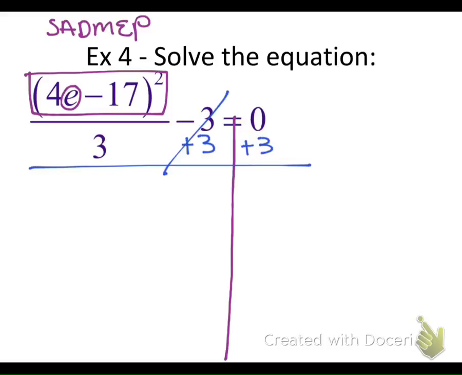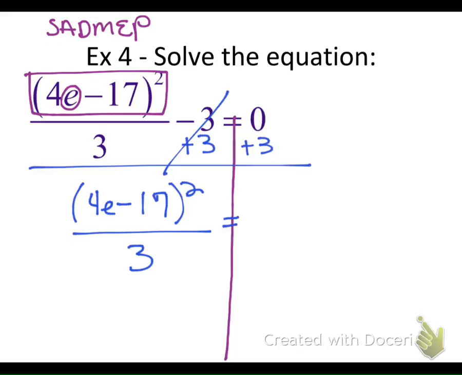So then on my left side, I'm going to bring down my parentheses for e minus 17 squared divided by 3 equals, what's 0 plus 3? 3. Okay, now what 3 do I get rid of?